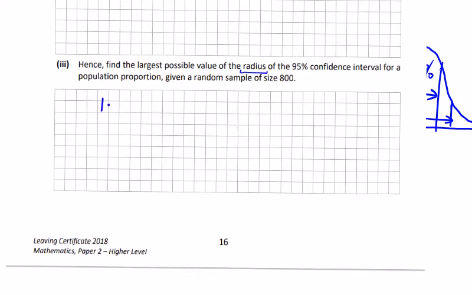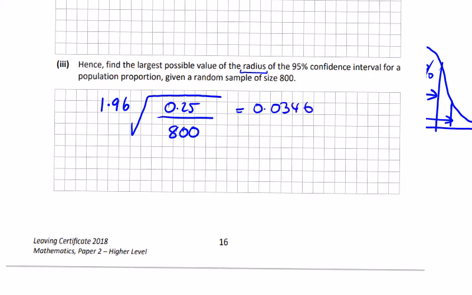So let's look at the max value of this. 1.96 by the square root. We've seen it's 0.25, and the sample size here is 800. And 1.96 by this guy is equal to 0.0346. So we have p here.